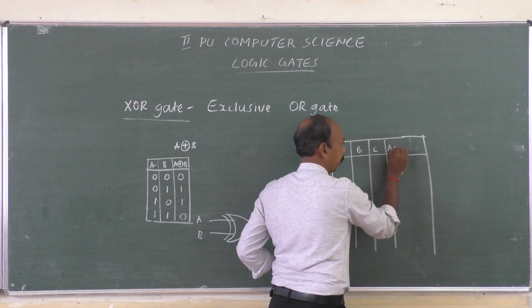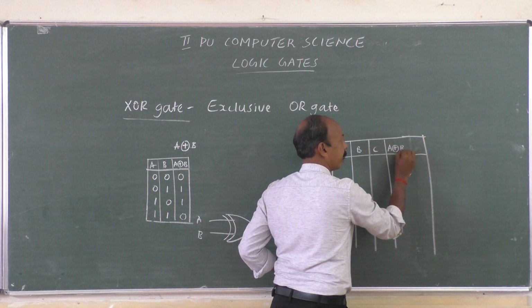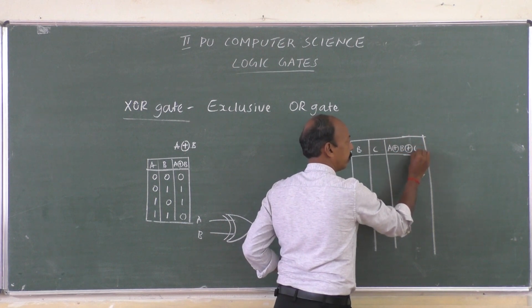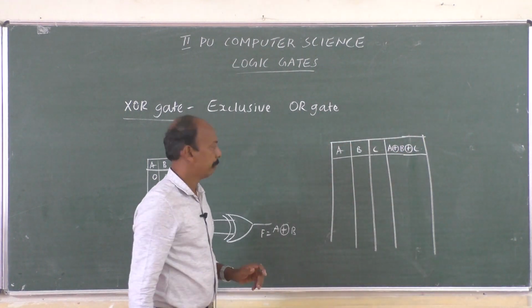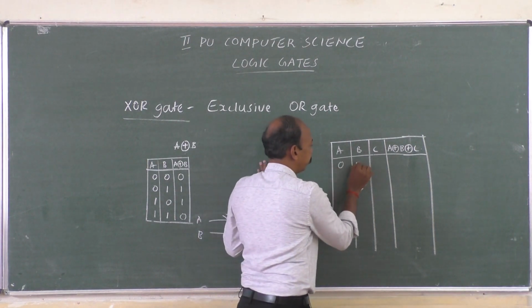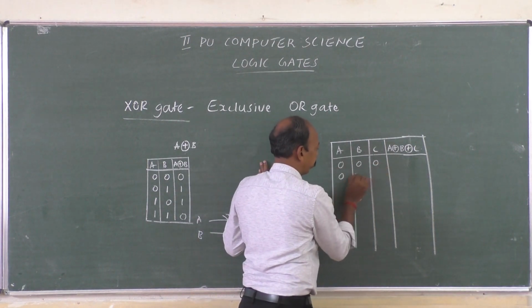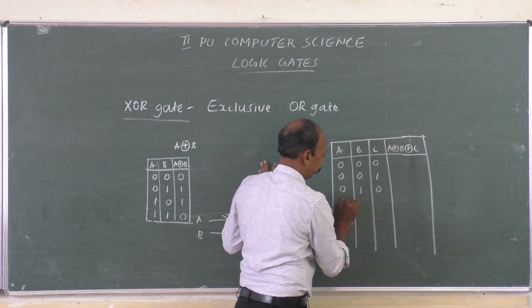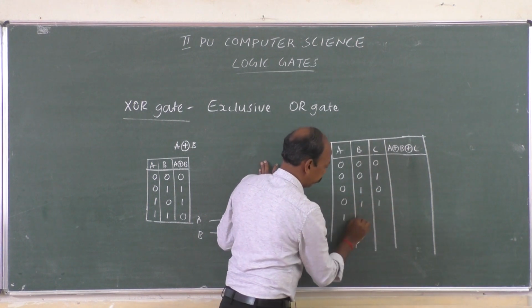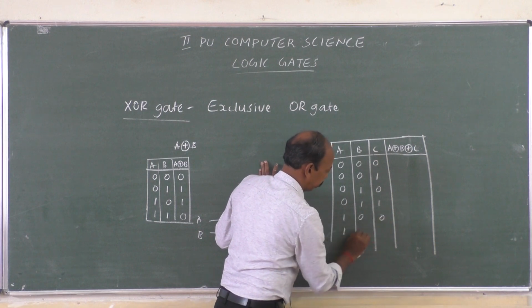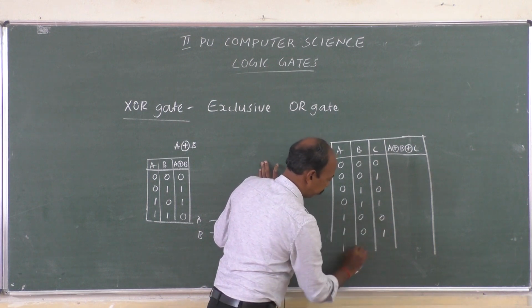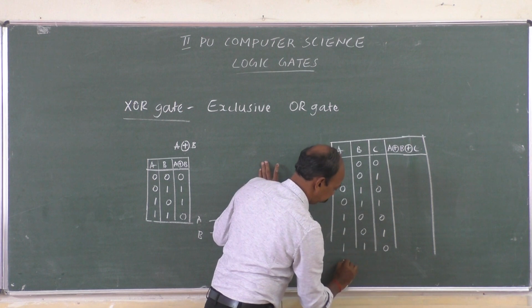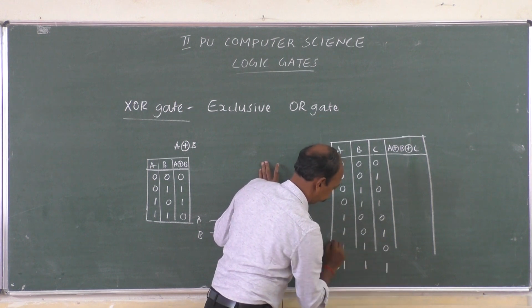A XOR B XOR C. The combinations we know: 0 0 0, 0 0 1, 0 1 0, 0 1 1, 1 0 0, 1 0 1, 1 1 0 and 1 1 1.